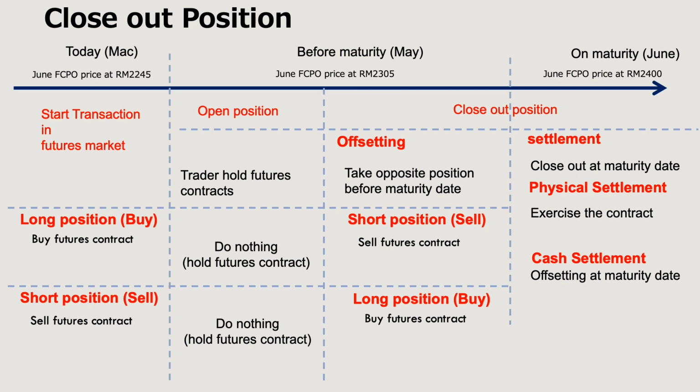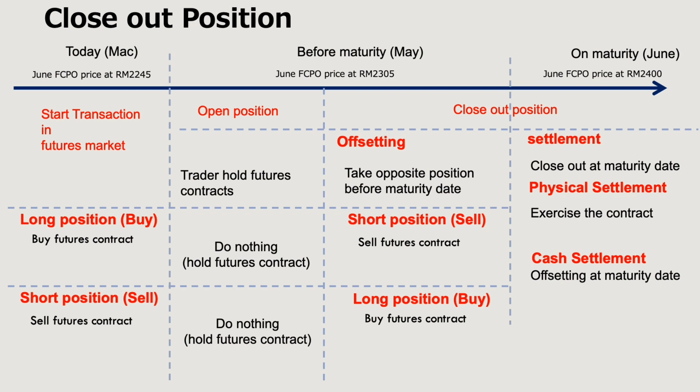Okay. Next, you must understand what is offsetting and settlement. So in futures market, you need to close out your transaction. So you can close out your transaction before maturity date, or you can close out on the maturity date. If you close out before maturity date, that means you use offsetting. If you close out on the maturity date, that means you use settlement. So how to exercise offsetting?